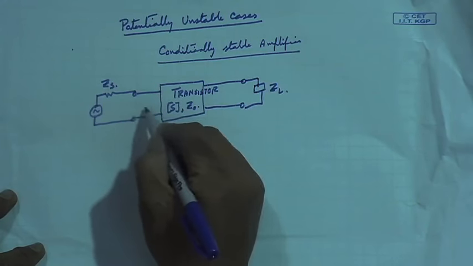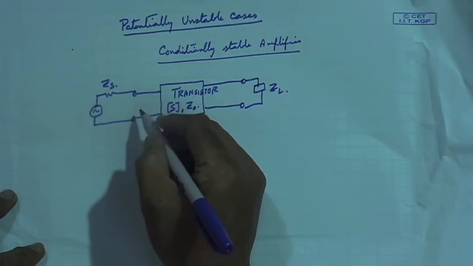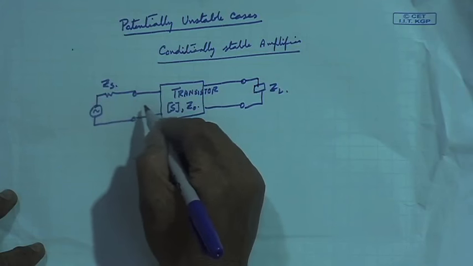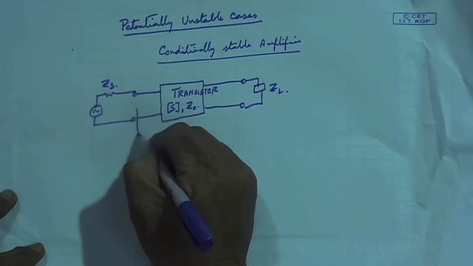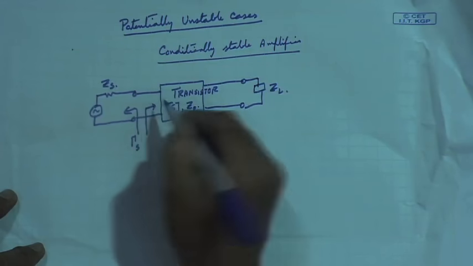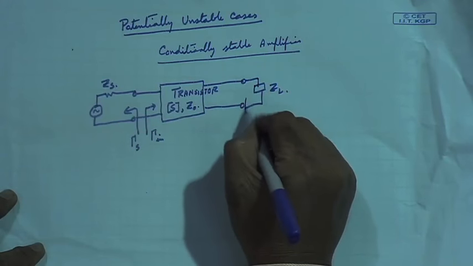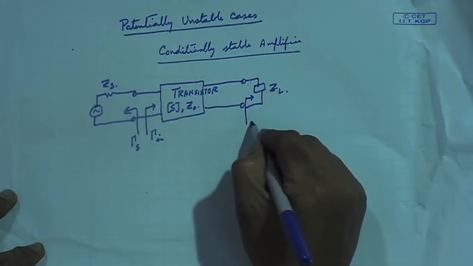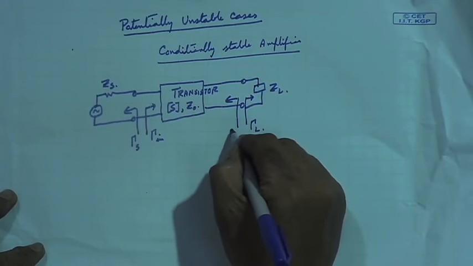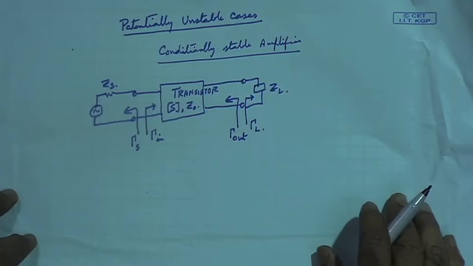We have seen that depending on the impedance level, there will be reflection coefficients on both sides, that means towards the source, that is called gamma S. There will be gamma S here, there will be gamma in here. Similarly, here, depending on the mismatch, in general there will be gamma L and there will be gamma out. Also, we have seen various gain definitions.